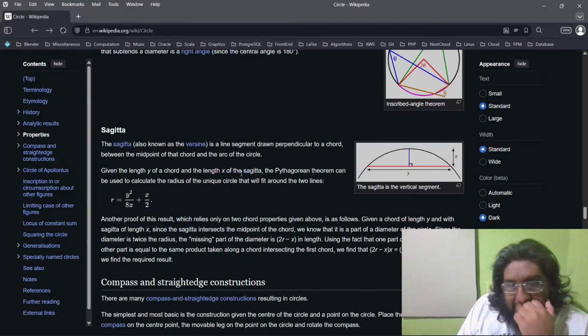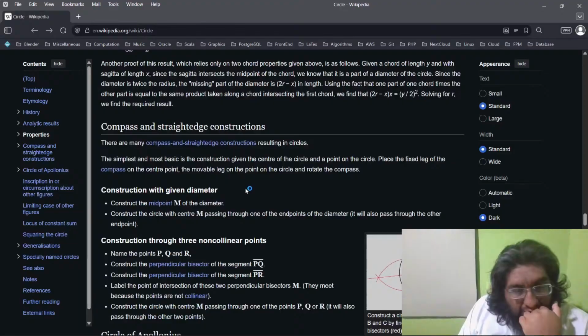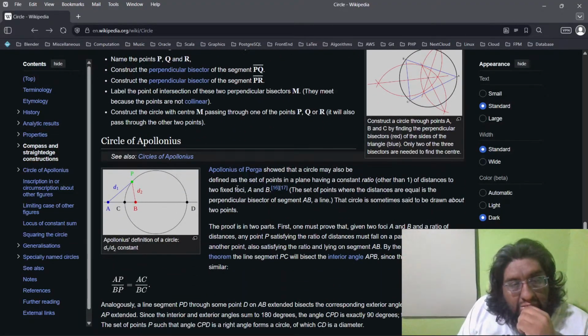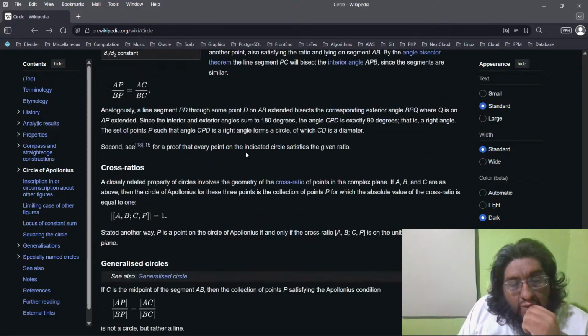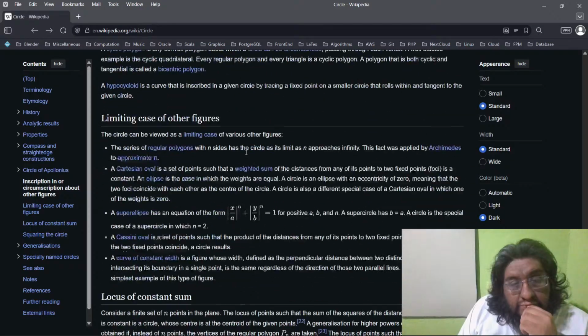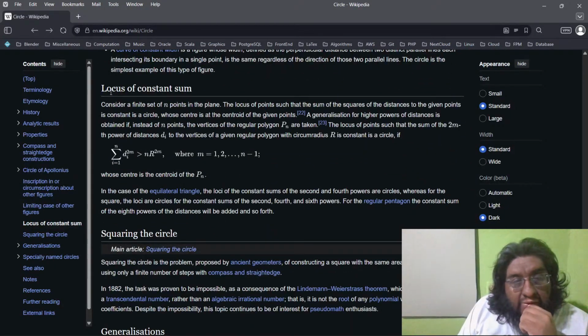This is a lot. Circle of Apollonius, or radius, locus.